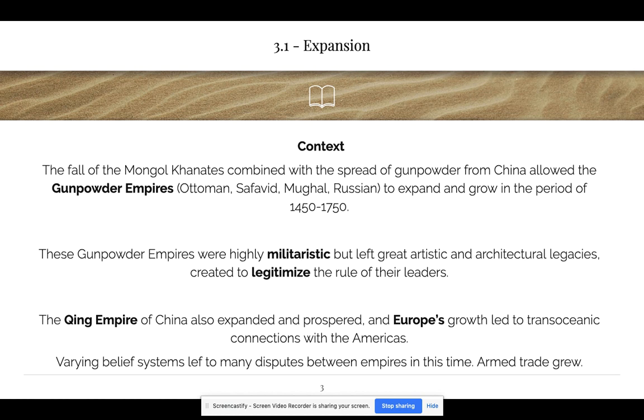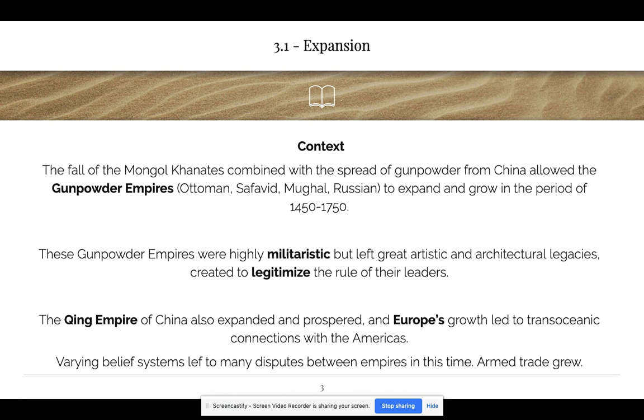As a theme, the Gunpowder empires were highly militaristic, but they left great artistic and architectural legacies, and they legitimized their rules in a lot of different ways, but the primary one was the use of gunpowder to expand. We also see the Qing Empire in China, and then we see Europe grow and start to connect with the Americas.